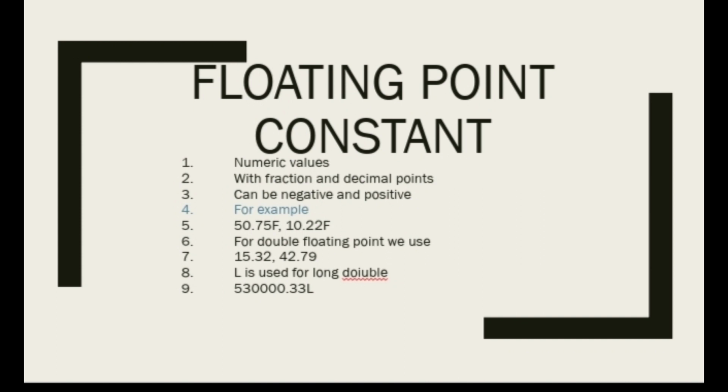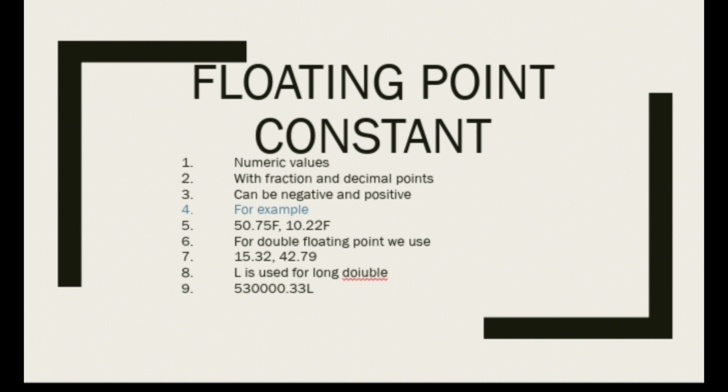The second type we have here is the floating point constant. Obviously these are also numeric values that cannot use any other kind of symbols, but these are the values that are used with fractions and decimal points. Unlike integers, they can contain decimals and fractional parts. Here we have some examples like 50.75f, where the f indicates the floating point.